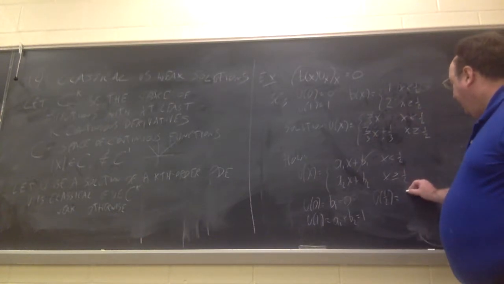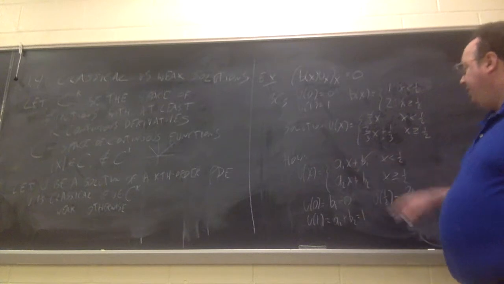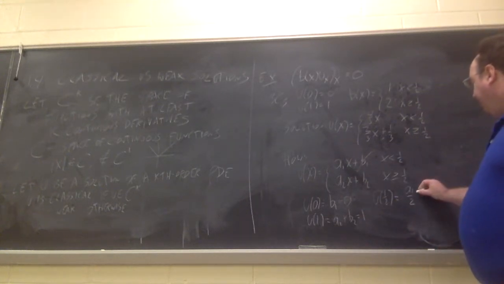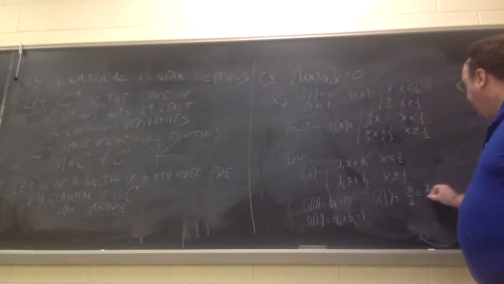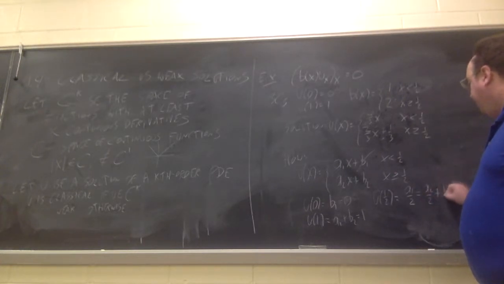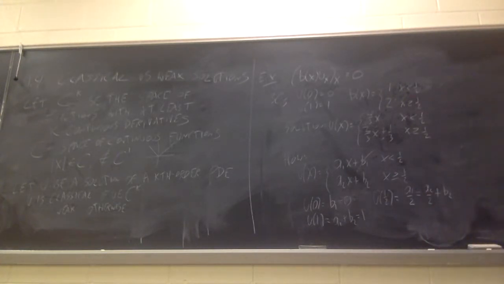So I'm going to get a1 over 2 for the first piece, and I'm going to get a2 over 2 plus b2 for the second piece. No, wait. Yes, that's right. Yeah, by plugging in x equal to 1/2.